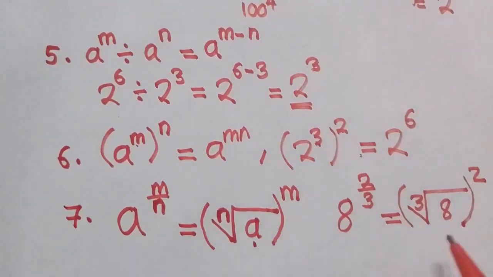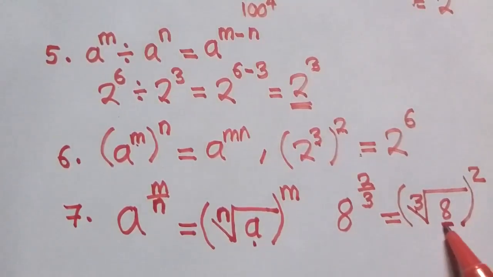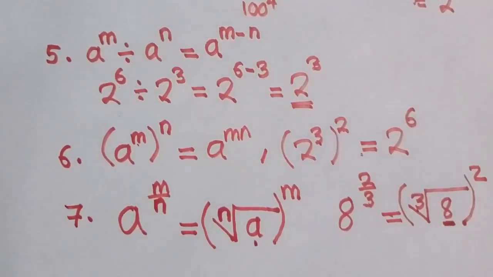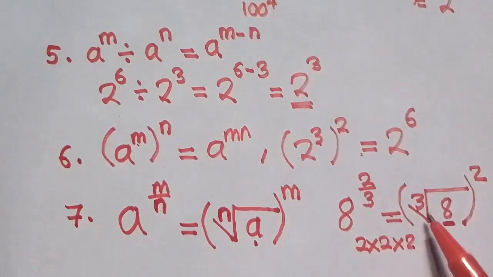So you ask yourself, which number can you multiply 3 times by itself to get the 8 that is there? The number that you can multiply 3 times by itself to get 8 is 2. You multiply 2 times 2 times 2, 3 times, you are going to get 8.